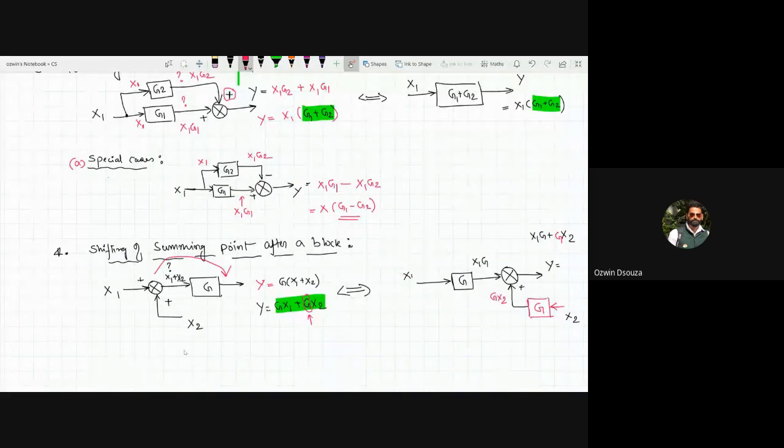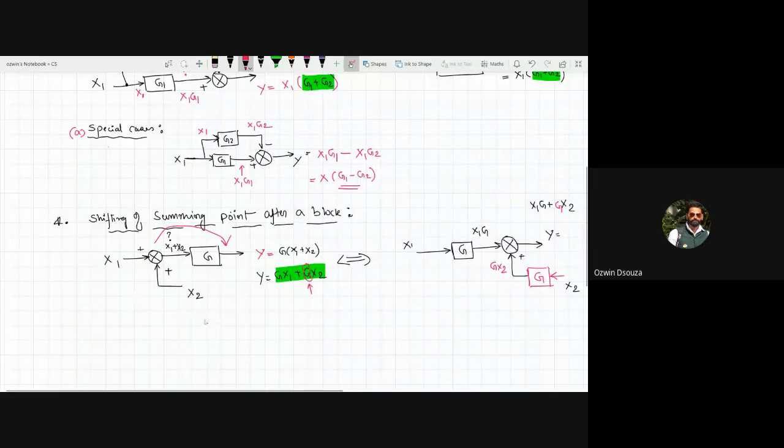So whenever you shift the summing point after a block, the signal gets multiplied with G. Shifting the summing point after a block should be incorporated with a multiplication of G. All right, so that's your rule number 5.